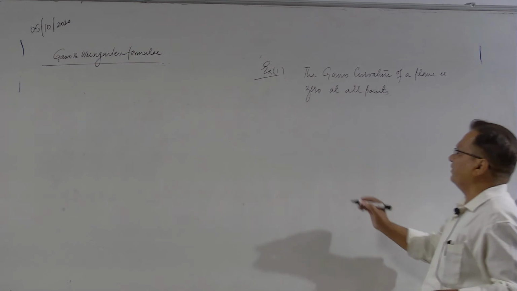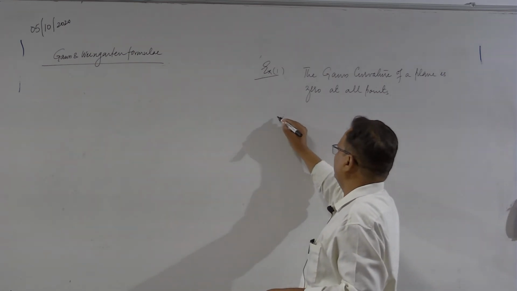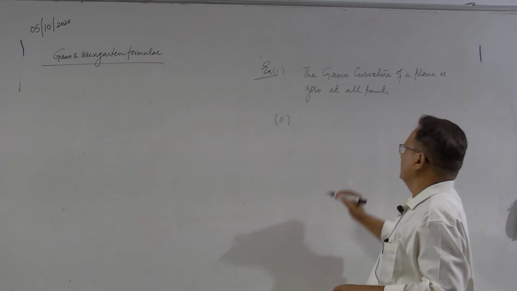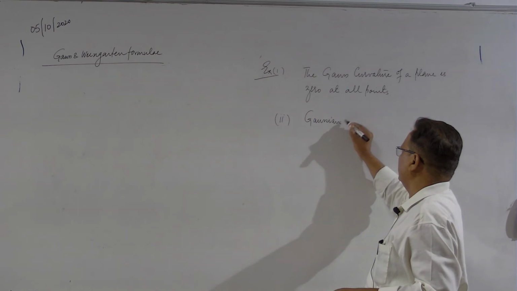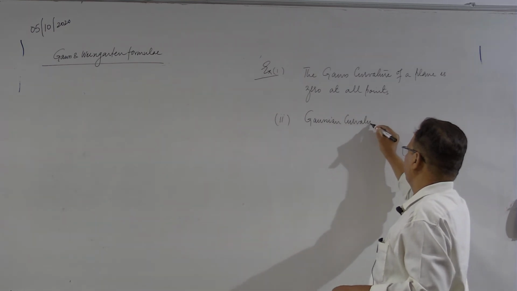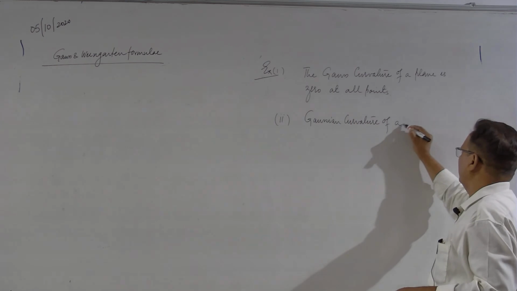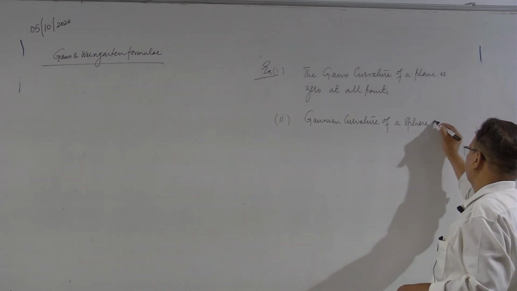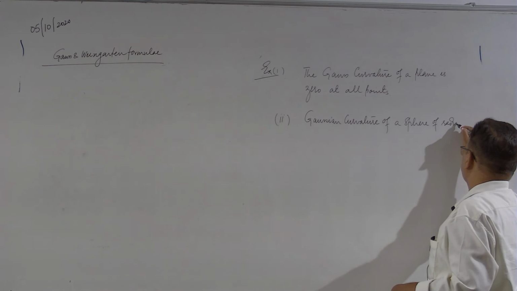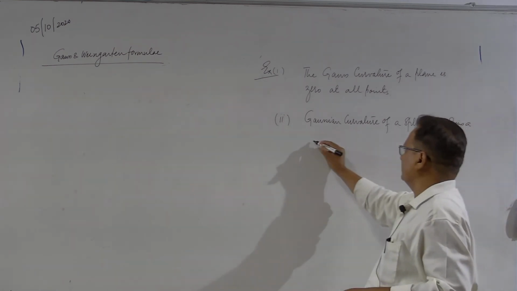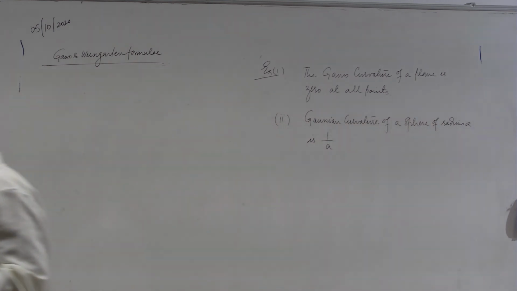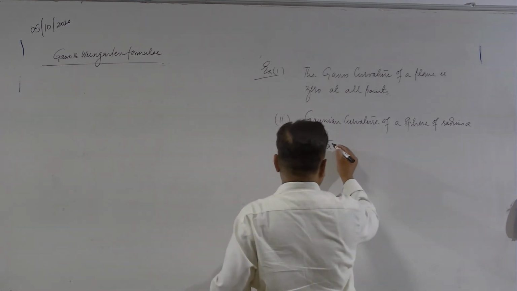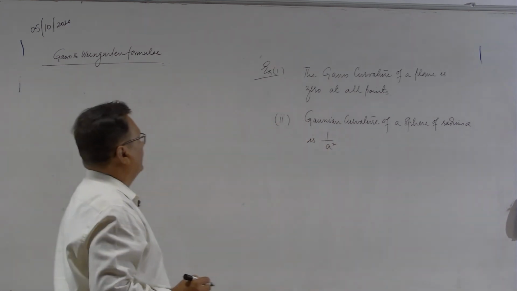We would also like to see what is the Gaussian curvature of a sphere of radius a. Is it 1 over a or 1 over a square? Perhaps it is 1 over a square. It is 1 over a square. Okay.